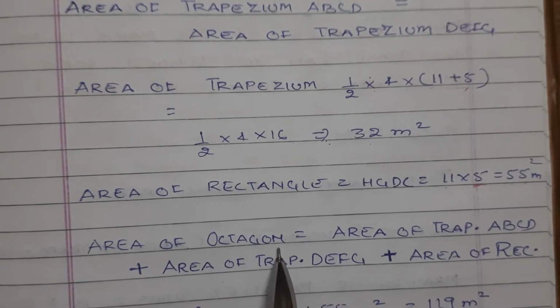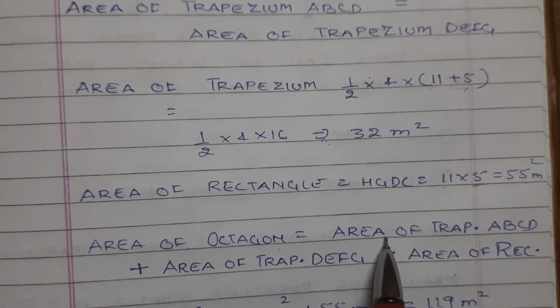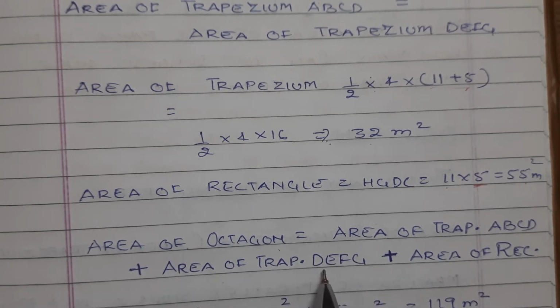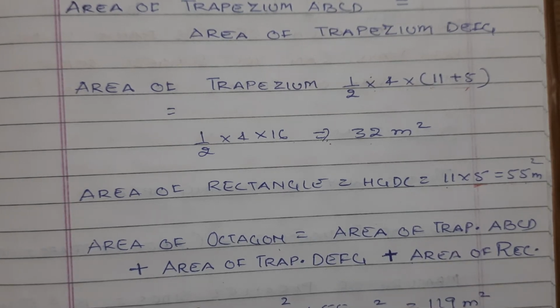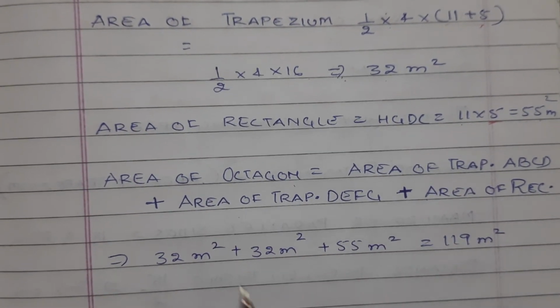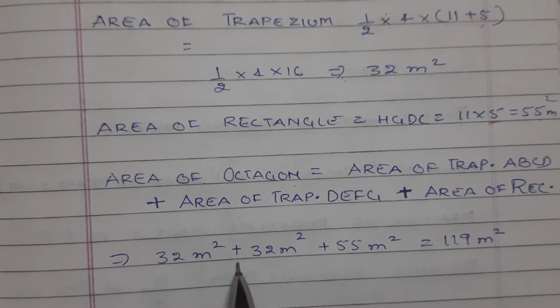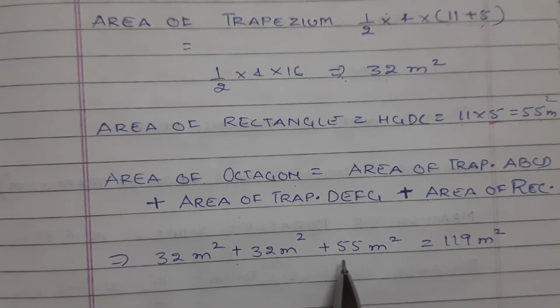Now the area of the octagon will be the area of trapezium ABCH plus the area of trapezium DEFG plus the area of the rectangle. So adding 32 meters square plus 32 meters square plus 55 meters square, we get 119 meters square.